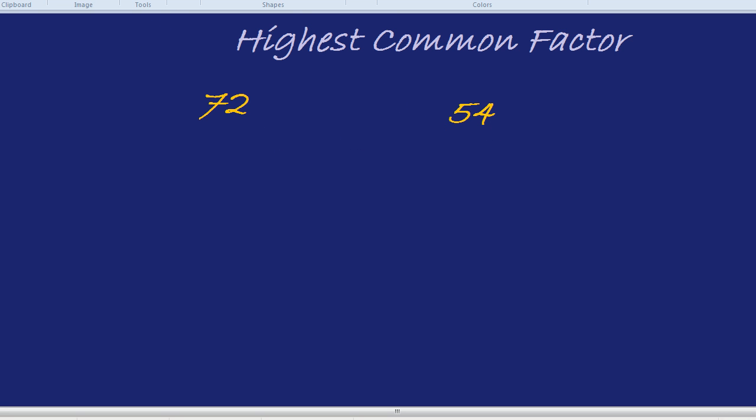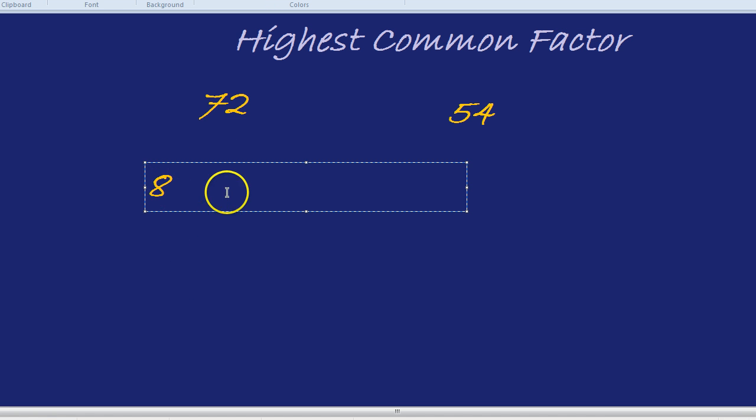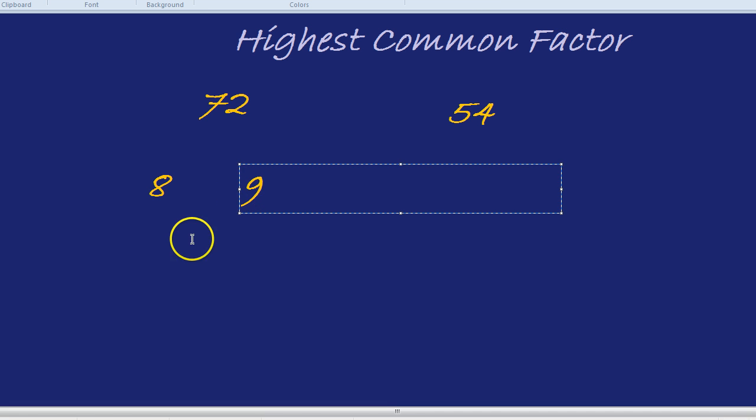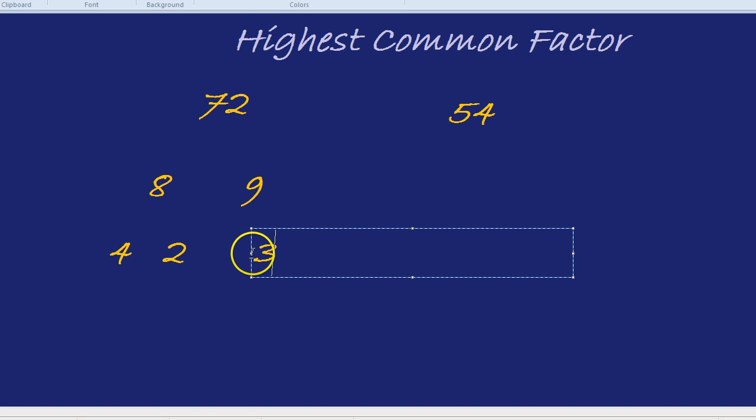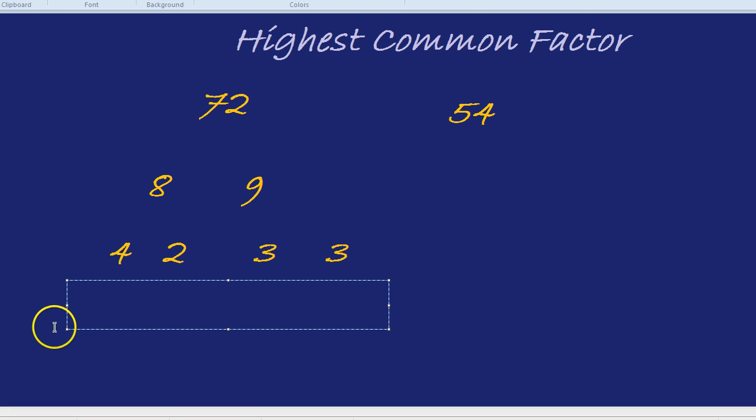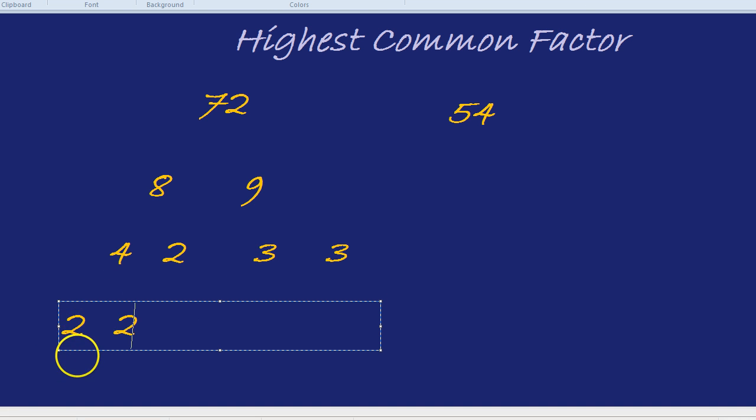Now I'm going to split 72 into 8 and 9. I'll draw the lines later, 8 and 9. 8 can be split into 4 and 2. 9 can be split into 3 and 3. And finally 4 can be split into 2 and 2.